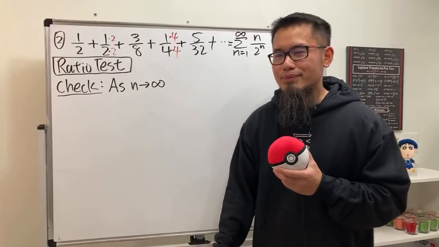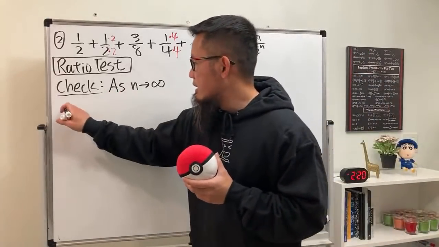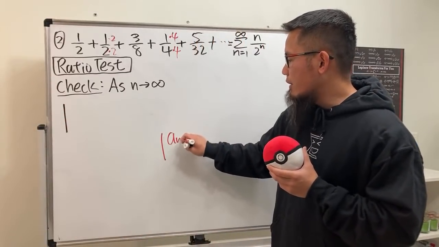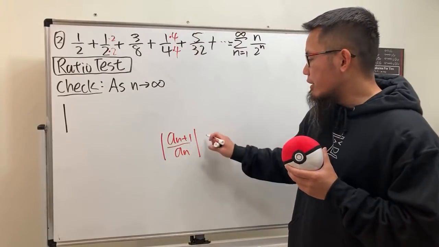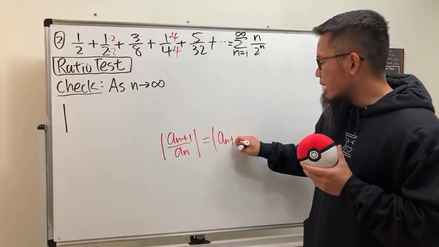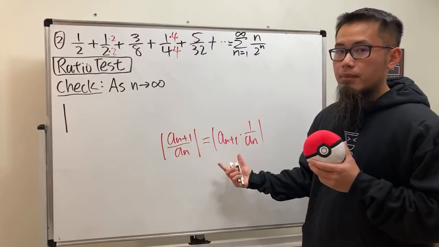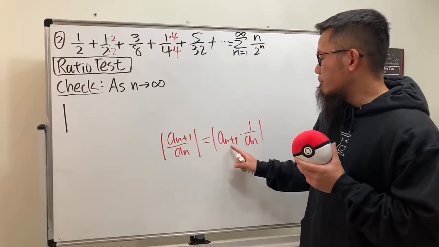Anyway, as n goes to infinity, we are going to check the absolute value, and remember, it was the absolute value of a_{n+1} over a_n. But this is the same as a_{n+1} times the reciprocal of a_n. So we set it out like this. First part, we have a_{n+1}.